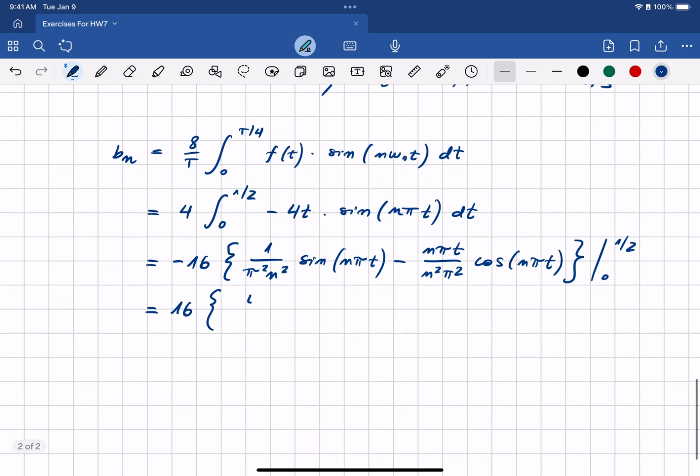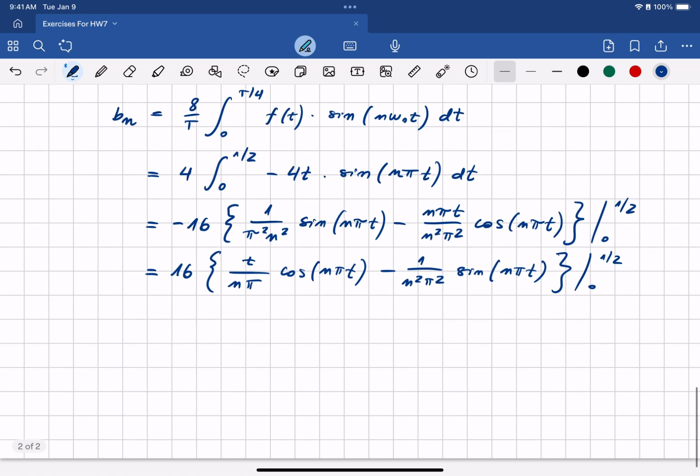So we're going to have t over n pi cosine of n pi t, and then we have the minus sign for this guy here, 1 over n square pi square sine of n pi t, from 0 to 1 over 2. And now we can evaluate this function, right? This is going to be 16 times whatever this function is evaluated at t equals 1 over 2.